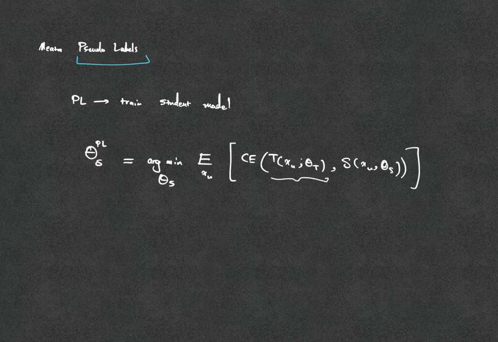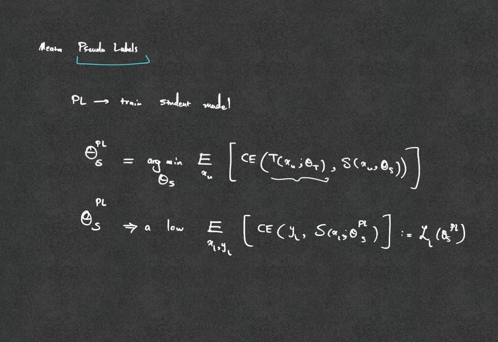T here is going to be a very well-trained teacher model, and the objective is that ultimately this student model that has been trained using the pseudo-labels be good, and this means that it exhibits a good performance on the labeled data, meaning that this loss becomes small.